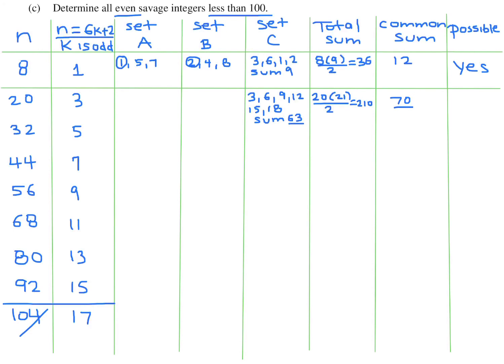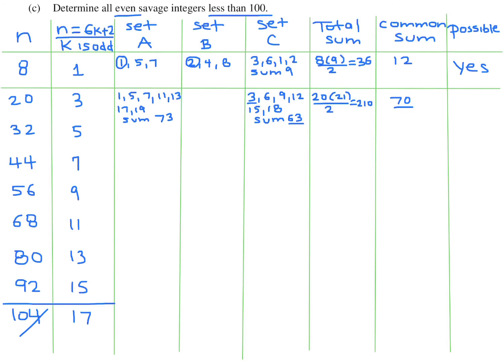Now let's look at set A. What's set A? A little bit longer, but it's okay. 5. I can't put 3, remember, because 3 is already there. You might wonder, like, why is he not including 3, even though 3 is an odd number? 13, 17, 19, and that's it. So what is this sum here? This sum is 73. Now remember, it's got to be 70.